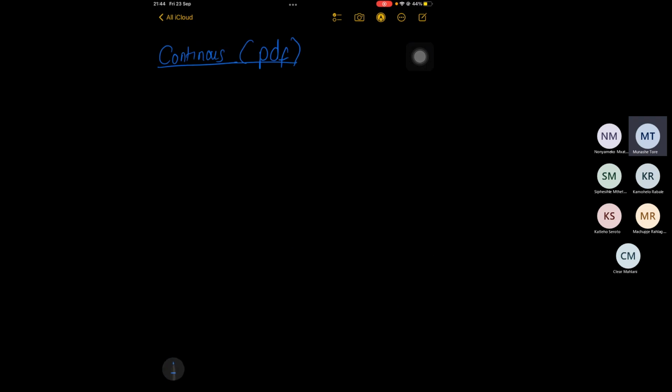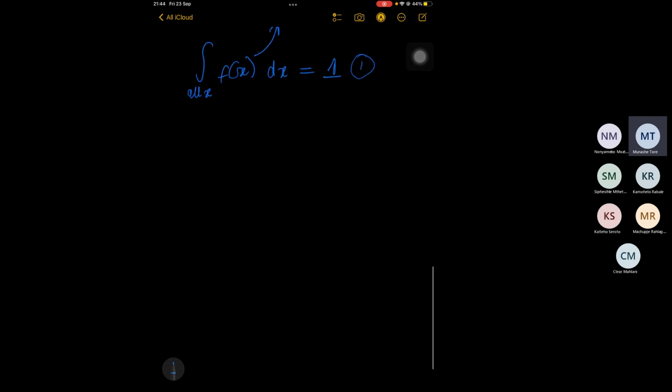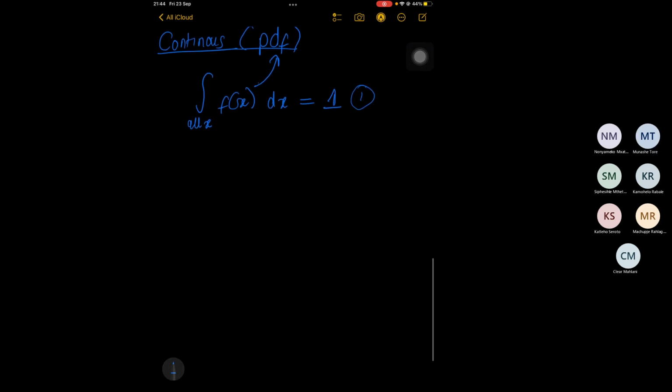So what it means now is instead of summing the individual parts, you deal with integration of all X values. So the integral of the function of X, which is the PDF that we're talking about, with respect to X, should always be equal to 1. So this is the first property.